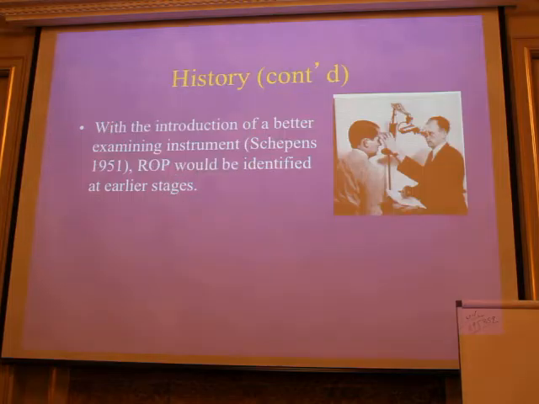Now, of course, I always tell you that retina started with this fantastic machine, the indirect ophthalmoscope by the late Dr. Schepens in 1951. With this instrument, you could examine small babies and identify ROP at an earlier stage.